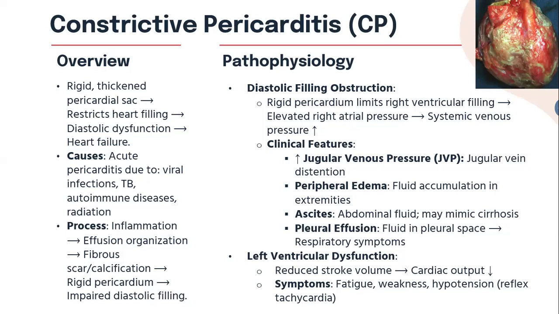So the impaired filling of the right ventricle leads to increased systemic venous pressure. As the pressure rises, it causes a backup of blood in the systemic venous system, leading to the characteristic clinical features of CP.